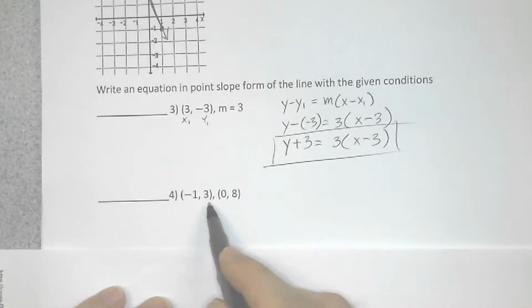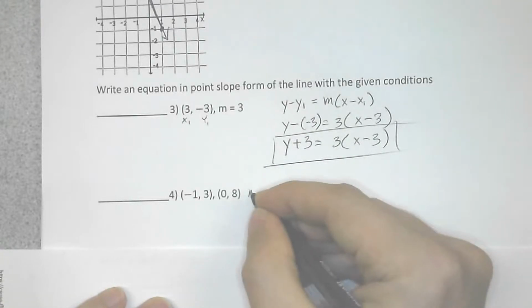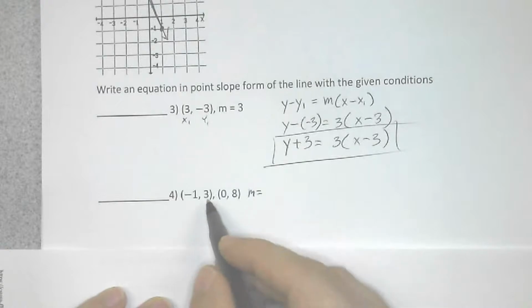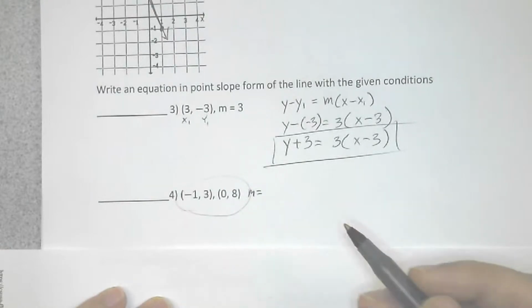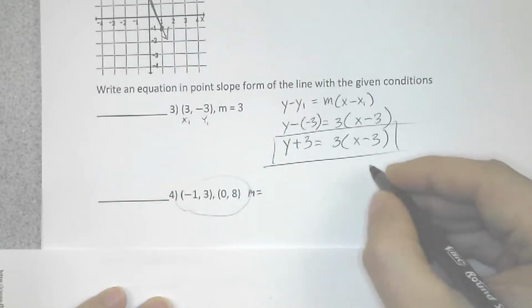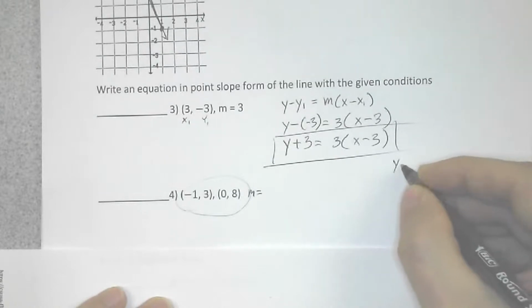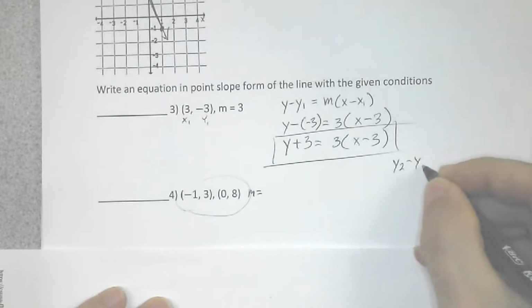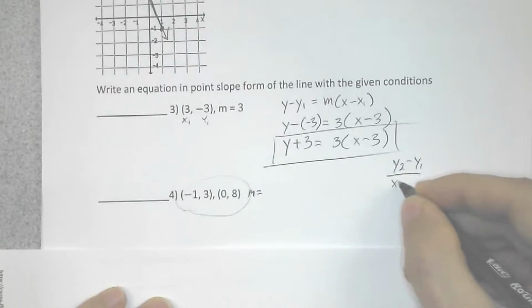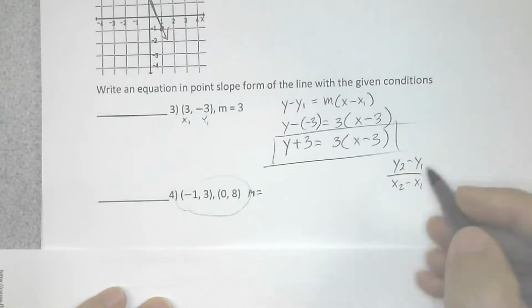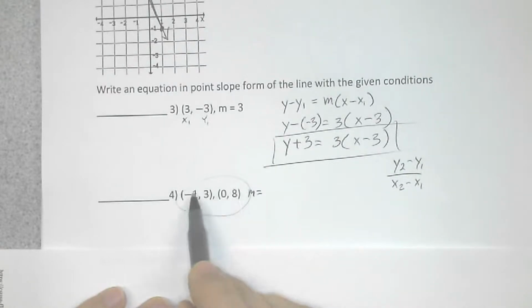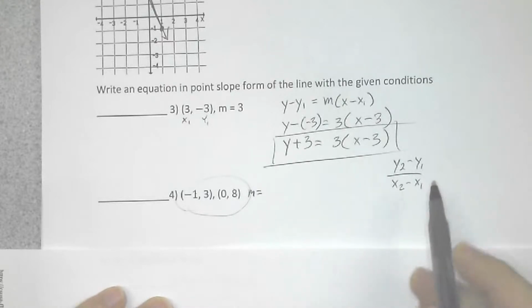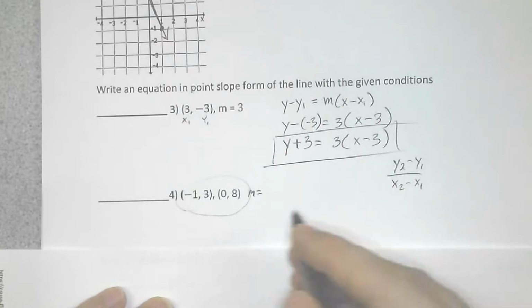This one right here, it's the same concept except I did not give you the slope and you need to find it. But we have 2 points, which is all we need to find slope. So remember, slope, change in y over change in x. And you can label either of these as the first or second point. It doesn't really matter. You get the same answer for slope, so don't worry about it.